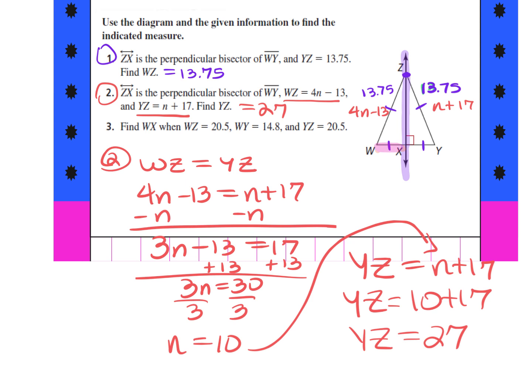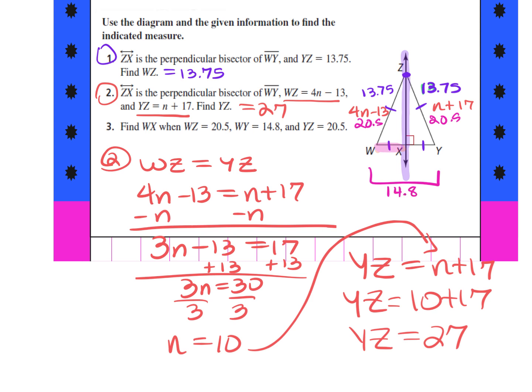And it's giving me the length of YW and WZ. So WZ is 20.5. So this piece here that we've changed each time is 20.5. So is YZ. And then they gave me the length of WY, it's 14.8.